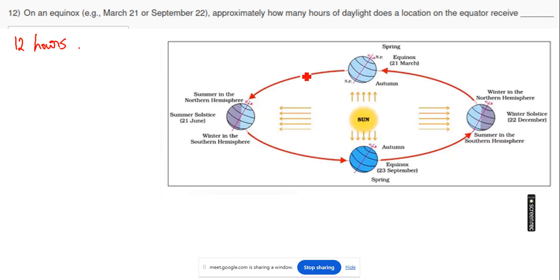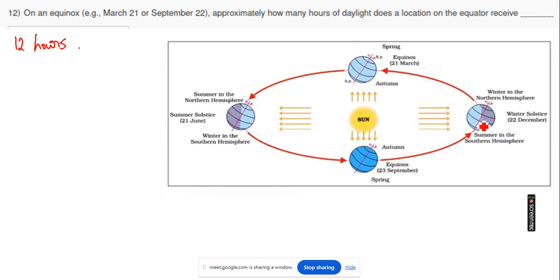And as it revolves, when it comes to the summer solstice, the northern hemisphere will experience summer and the southern hemisphere will experience winter. The northern hemisphere will have longer days and shorter nights, whereas the southern hemisphere will have longer nights and shorter days. And again there will be an equinox where it becomes equal.